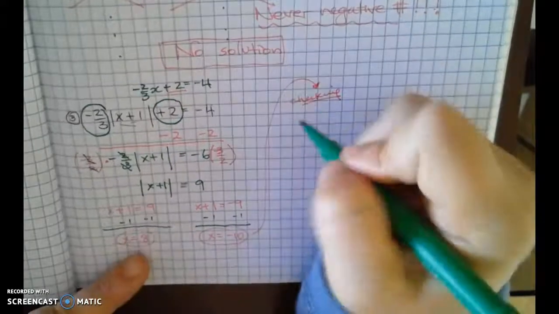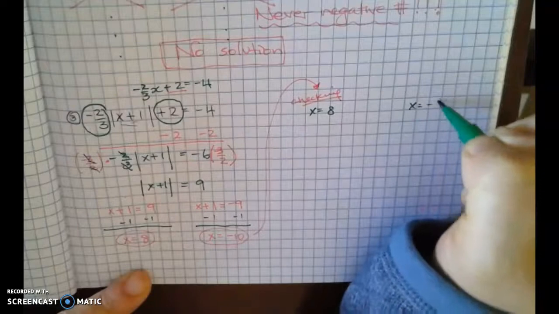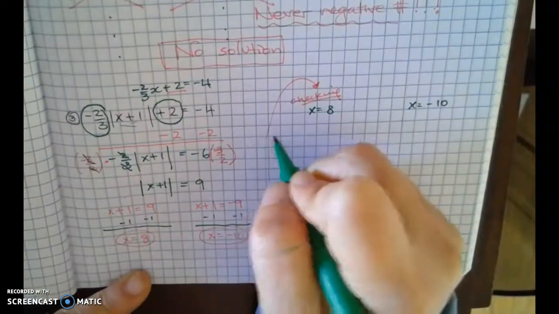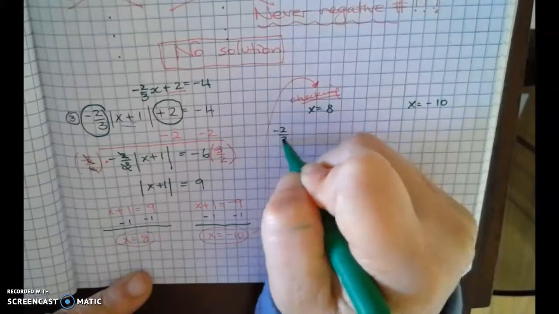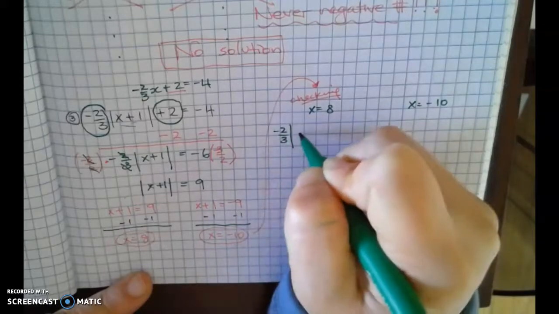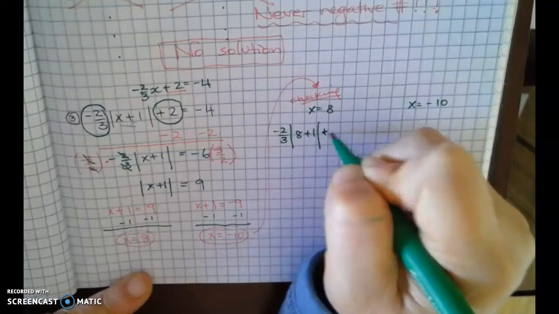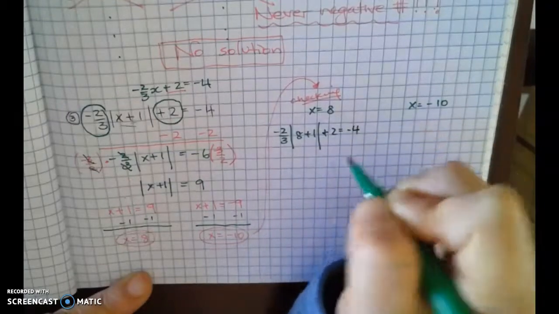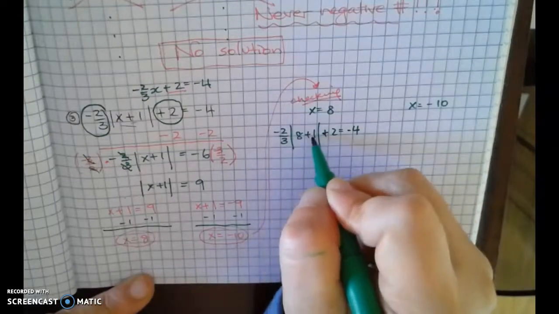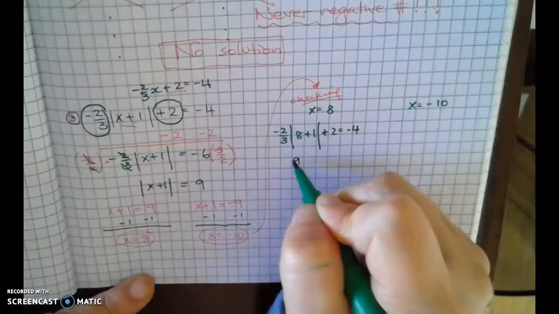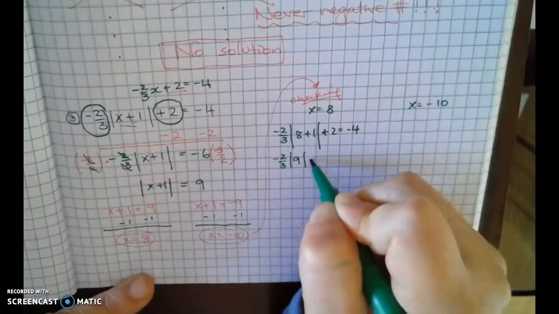Okay, I have x is equal to 8 and x is equal to negative 10. So I go to my original equation, negative 2 over 3, absolute value of 8 plus 1, close absolute value, plus 2 is equal to negative 4. Is that true? Well, let's start simplifying. What's 8 plus 1? That's going to be 9. We still have the absolute value symbol because we have not applied it yet.